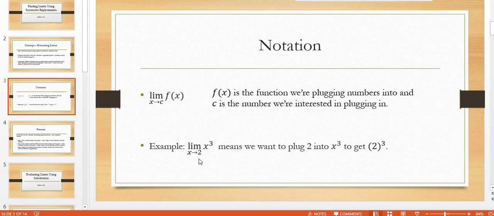There's nothing preventing us from just plugging in 2, so the answer is going to be 2 cubed, which is 8. However, we are going to look at some situations where you can't plug the number in, and that's where when I say the limit as x approaches 2, I actually want you to think about numbers like 1.999999 and numbers like 2.00001, numbers that are incredibly close to 2 so that they're functionally the same.